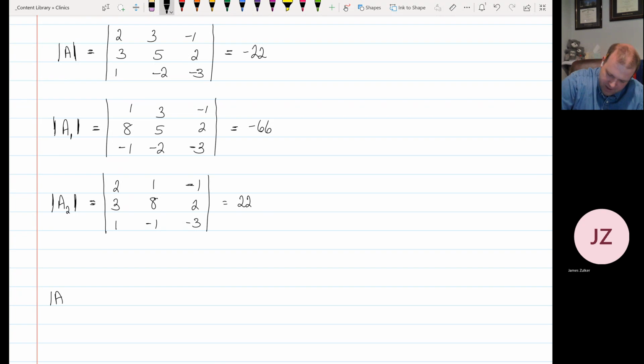Finally, we want the determinant of A3, and to get A3, you guessed it, we take the third column of A and replace it with our vector B. That'll give us the determinant of -44.